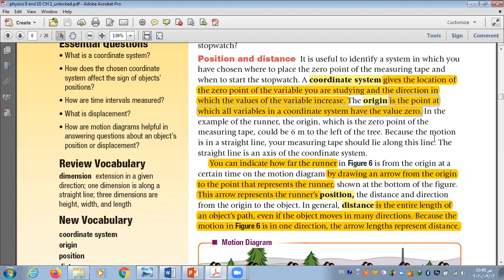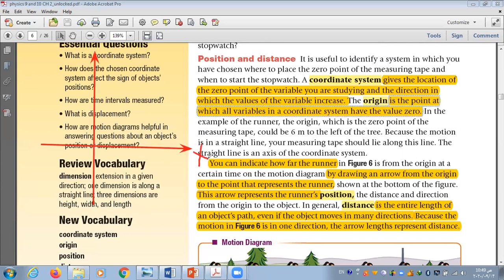Stop here. You said the straight line is an axis of the coordinate system. You talked before in math about a coordinate system like this one, with x and y.